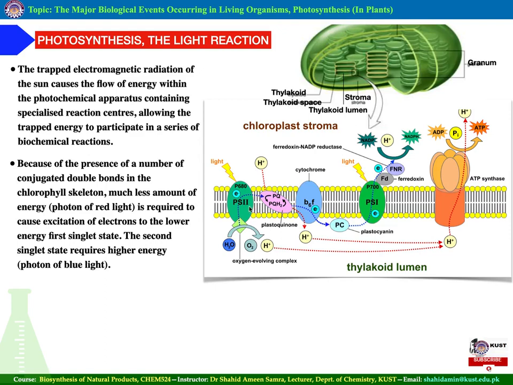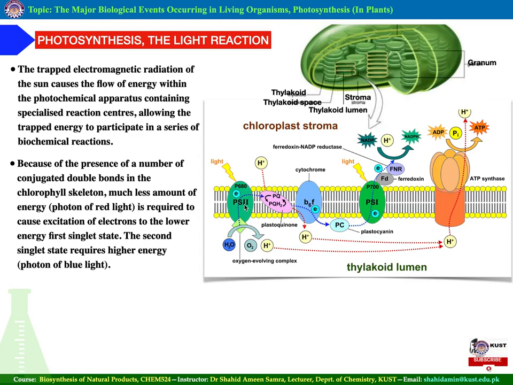So the biochemical reactions that happen in this whole structure start from photosystem 2. When sunlight falls upon it, the system captures this light, and the water molecule gets split up into atomic oxygens that then combine to give molecular oxygen, along with protons and electrons that are ejected, and these electrons are accepted by photosystem 2.